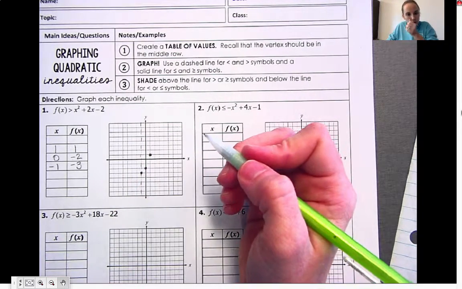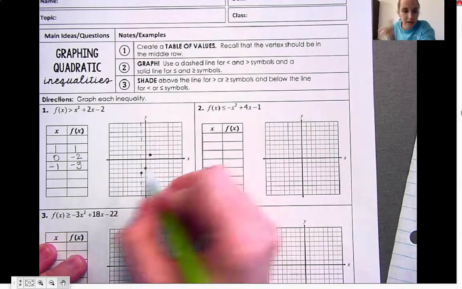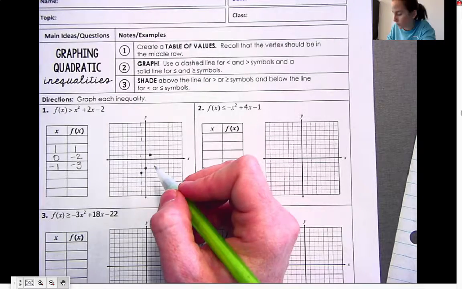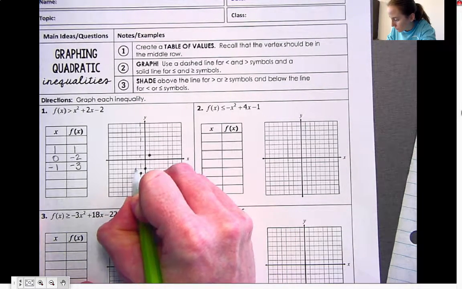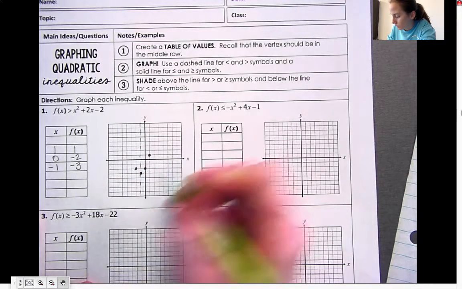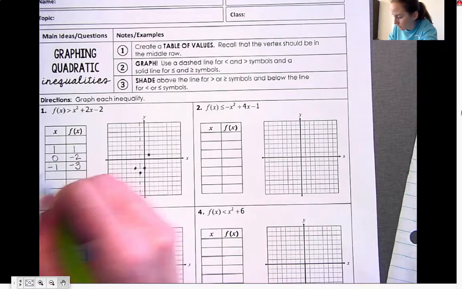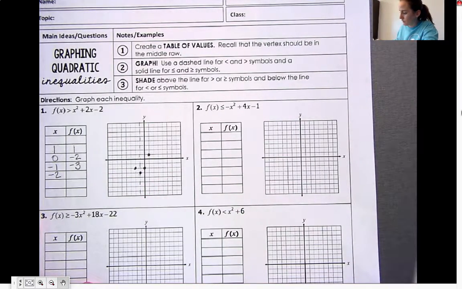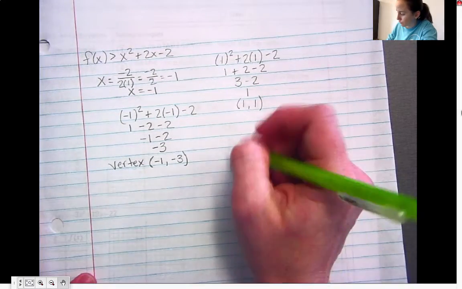Now remember that all of these points will reflect over the axis of symmetry except the vertex, because that is the turning point. So this should reflect across the axis of symmetry, and we can double check by plugging in negative 2 for x, and making sure that we get negative 2 for y.